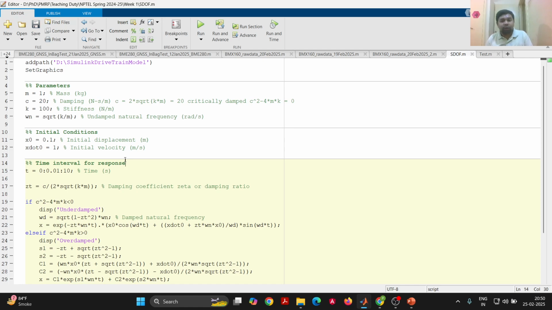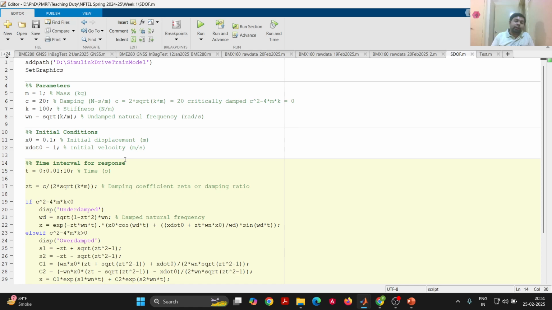Whenever we are doing any computer simulation, we do it for a particular time interval, unlike the analytical solution, which is a general solution valid for any time interval. So for a computer simulation, we give it a particular time interval to analyze.